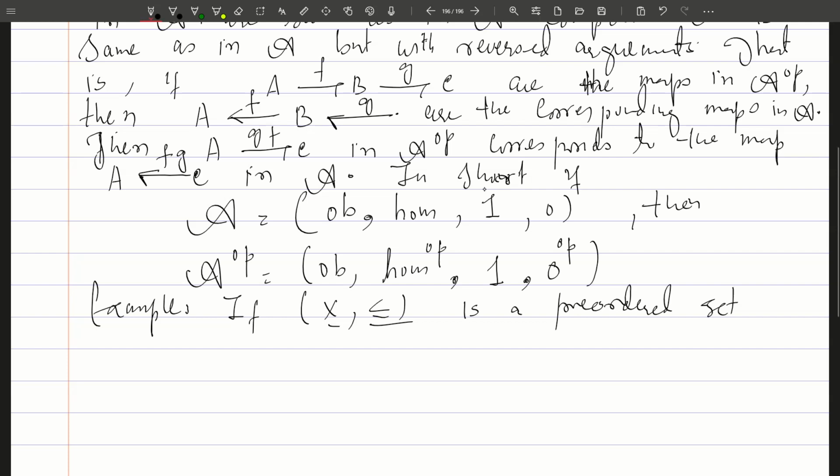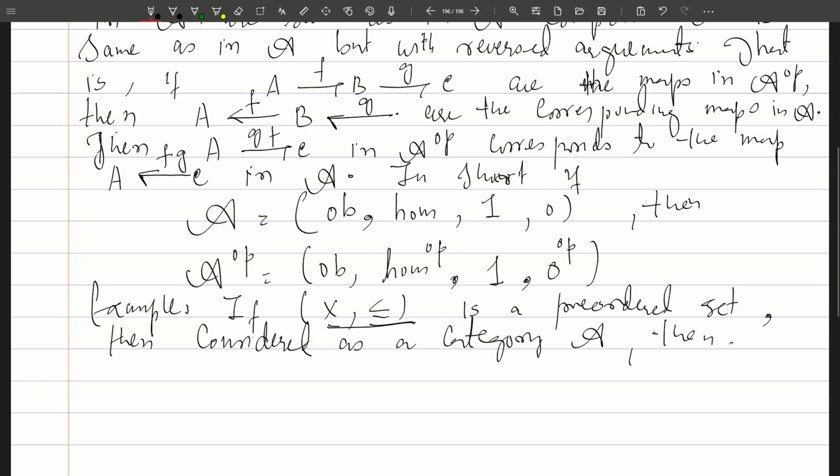So consider it as a category. If we view this as a category A, then the opposite category is the set X with reversed order.